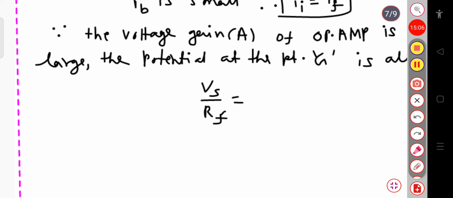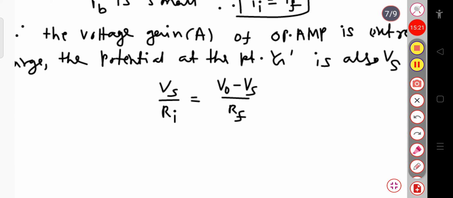This is Vs by Ri, let me correct this, equal to (Vo minus Vs) divided by Rf. Now we can write this Vs by Ri is also equal to Vo by Rf minus Vs by Rf.